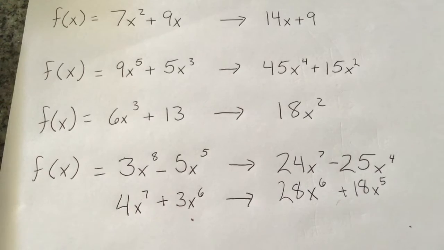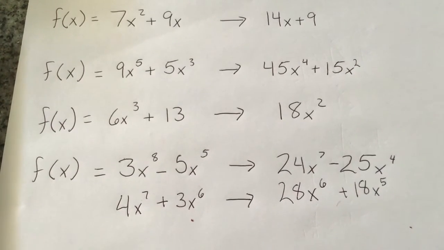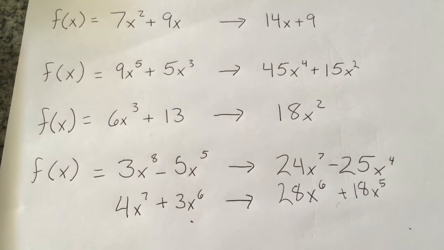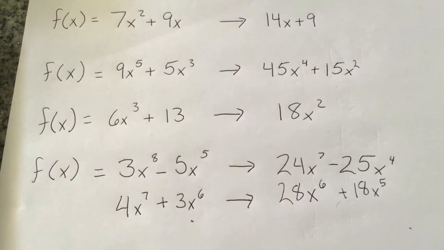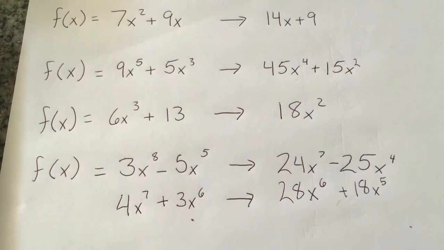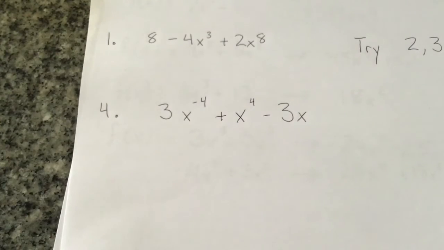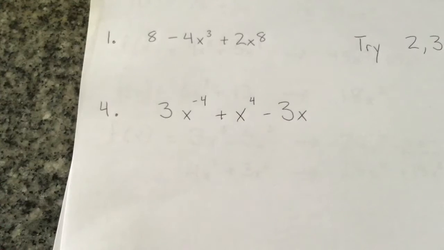So what I'm going to do is get our packet, and I'm going to take a look at the first page of the packet, and we are going to do a couple of these, and then I'm going to ask you guys to try out finding the derivative of a few of them too, using this shortcut method. So this is question 1 and question 4 on your packet on the very first page.